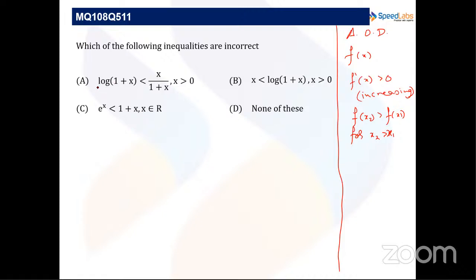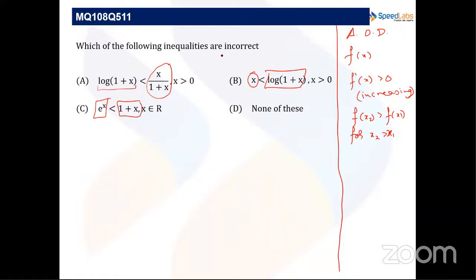Here we have a logarithmic and polynomial function, an algebraic and logarithmic function, and an exponential and algebraic function. The answer is all three, ABC.